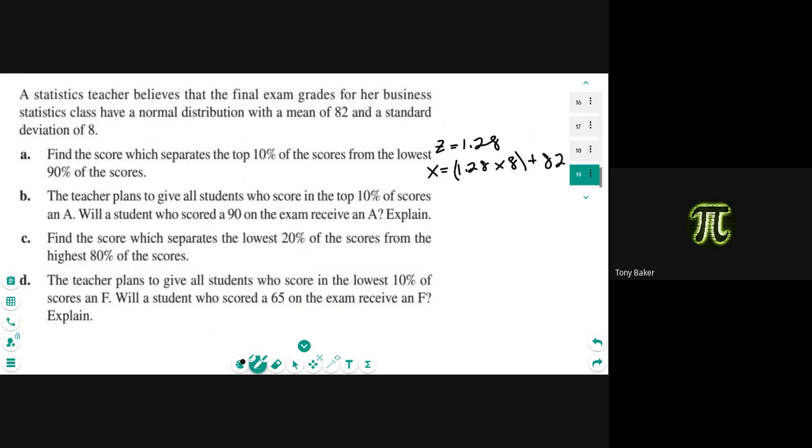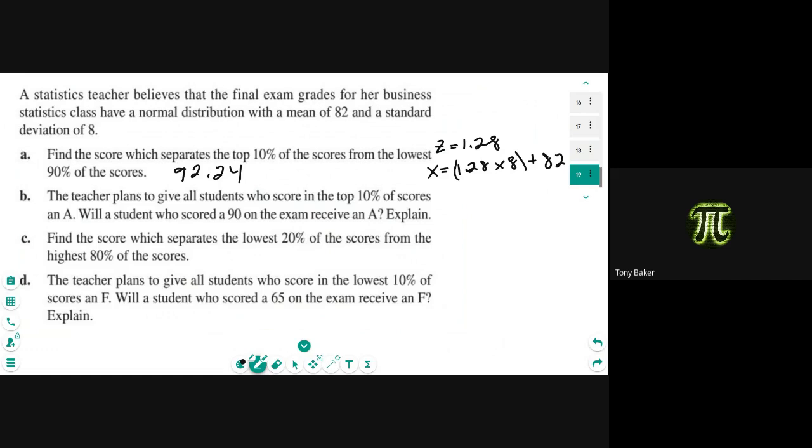And if we do exactly what we did in the last problem, so 1.28, this time the standard deviation is 8, so times 8 plus 82 gives you a 92.24. 90% of that or lower. Yes.